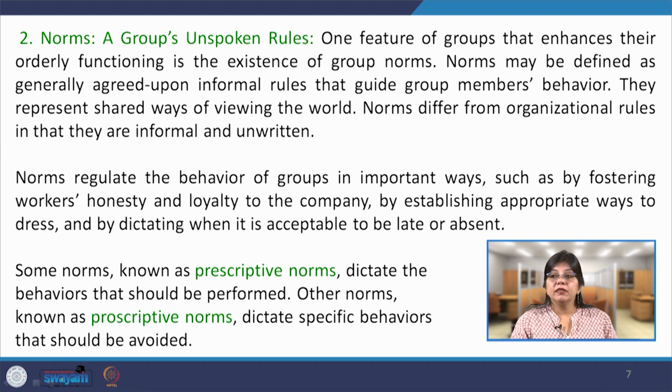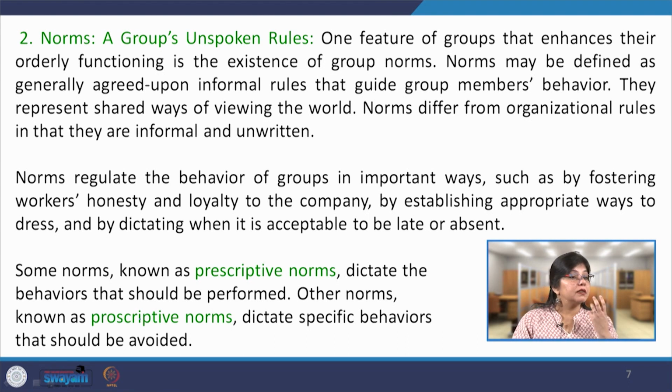They represent the shared ways of viewing the world and differ from organizational goals in that they are informal and unwritten. At the formal place, these are the informal unwritten rules. It is not written in any rule book how you should behave, but definitely these are unwritten and they are expected by every employee to perform in a specific way.